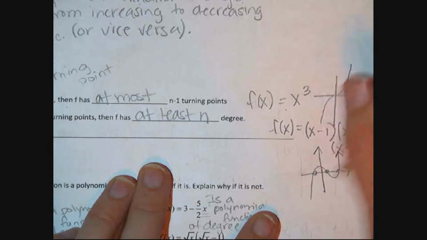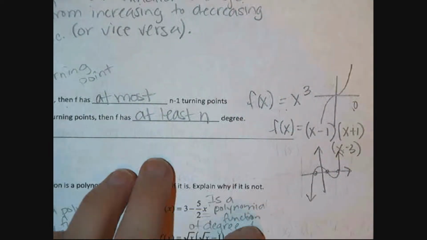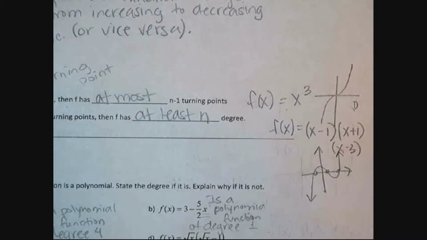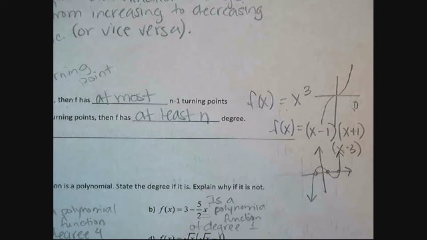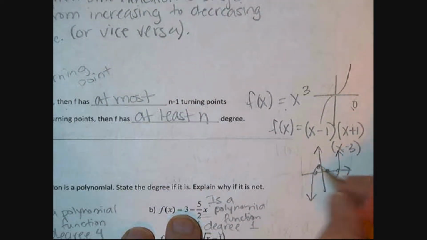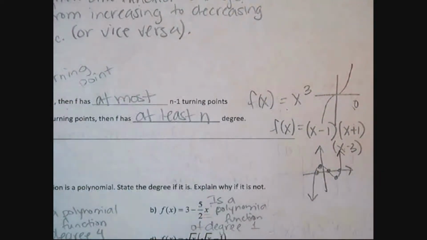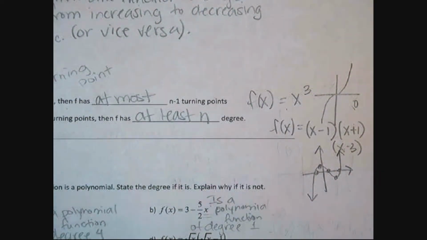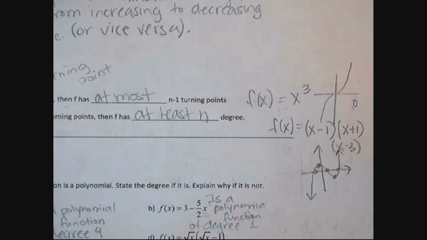So we should have something that looks like this. And that's obviously the maximum zeros that we can have for this function, correct? We couldn't have any more zeros than 3 if we have a cubic function. If we look here, we only have 2 turning points, which is 1 less than our degree 3 for n. Okay, so those are the rules for turning points of a polynomial function.